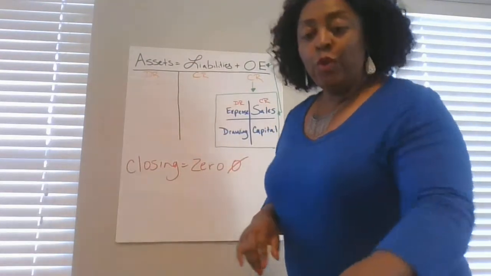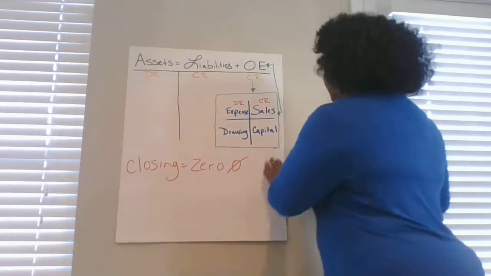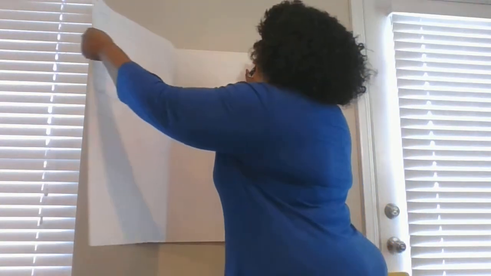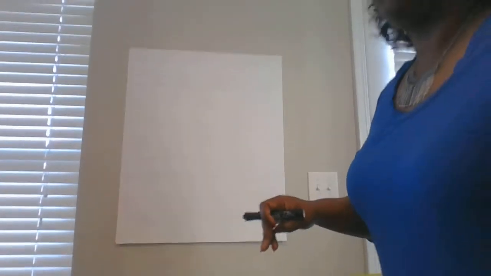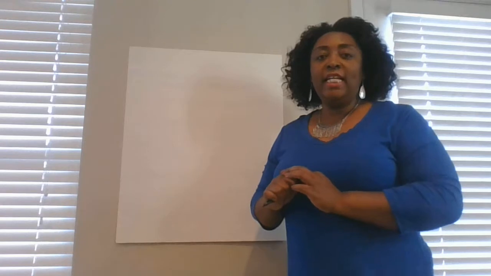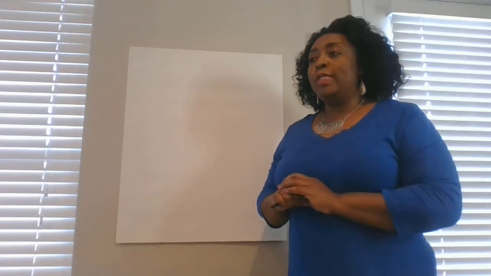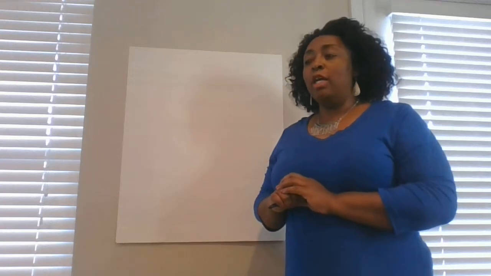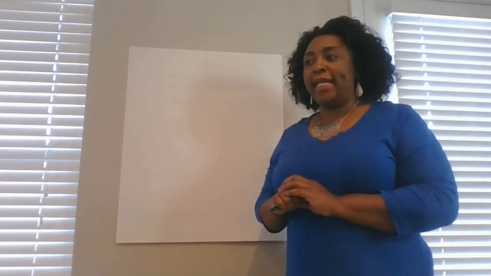Now, we're going to move to a new way of organizing our accounts. If you turn in your textbook to the first page of 8-1, you will see a section that talks about a new way of organizing our accounts.